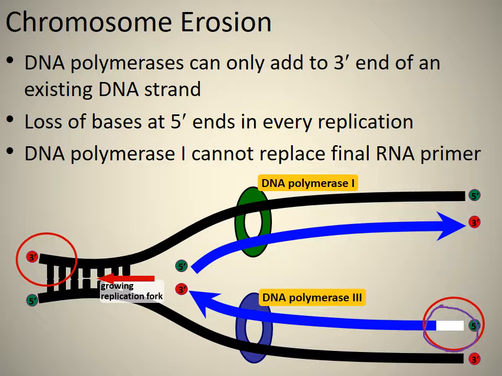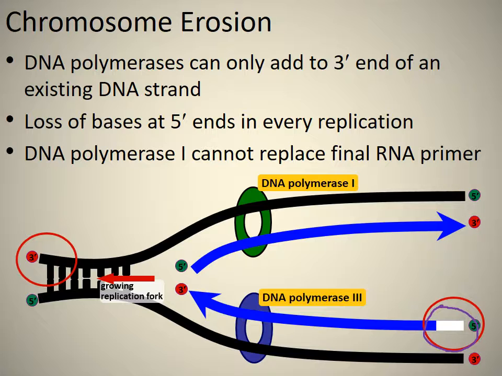Well, on the leading strand, that RNA primer is not replaced with DNA, with deoxynucleoside triphosphates. It just removes itself, and that spot basically erodes, and it's called chromosome erosion.